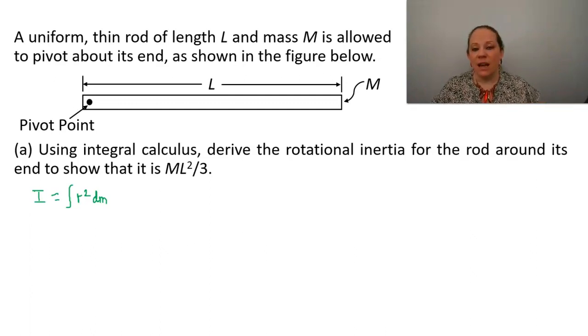So to do this, we need to figure out what is that dm. So let's start with an expression for the linear density of the rod, lambda, which is equal to the mass divided by the length.